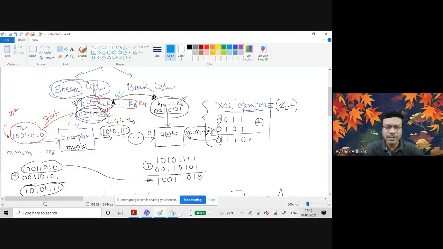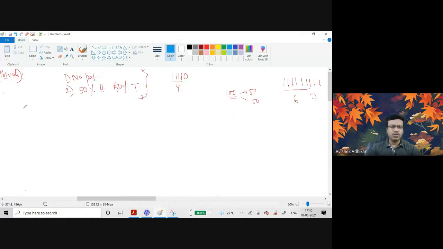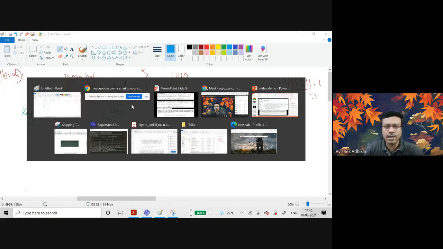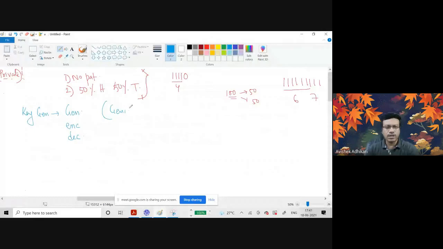Basically it has three parts: key generation, which we call Gen, then encryption, Enc, and decryption, Dec. Altogether they form a cryptographic scheme.